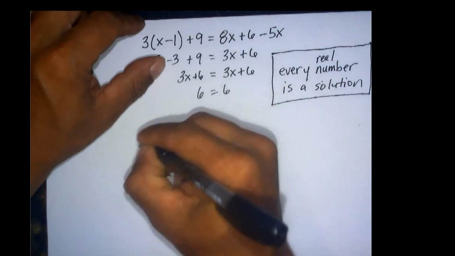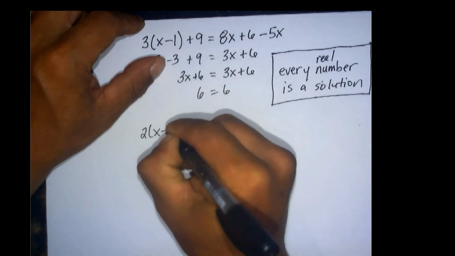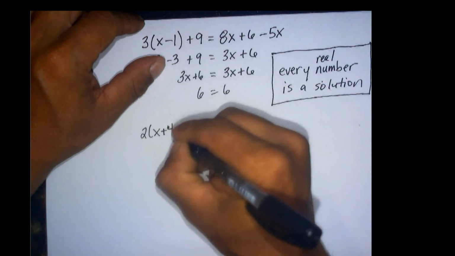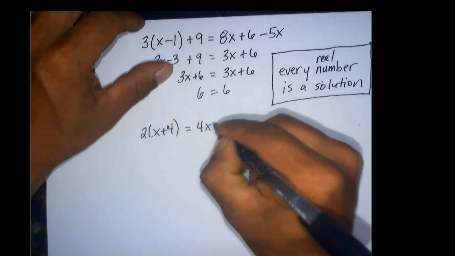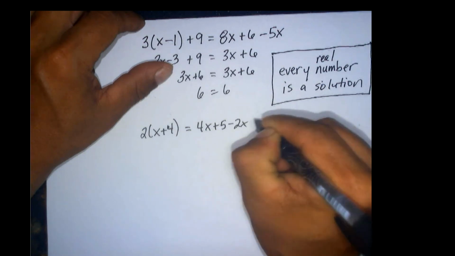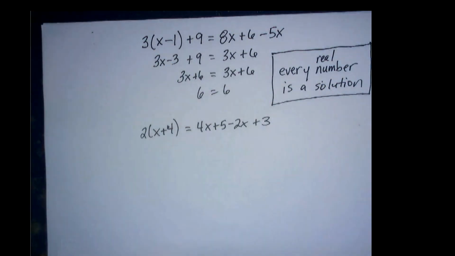2 times x minus x plus 4 is equal to 4x plus 5 minus 2x plus 3. Okay, it's Key's turn. You out there in the audience want to try this one, go ahead. But I'm not seeing a lot of feedback in the chat.